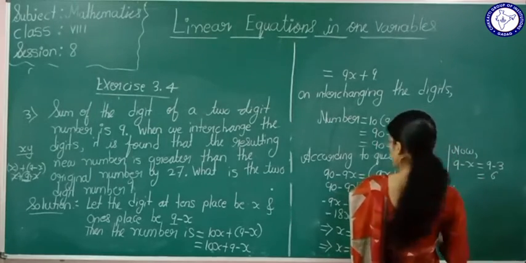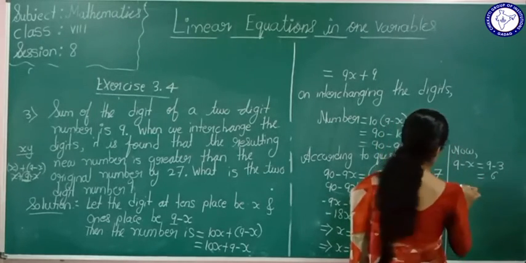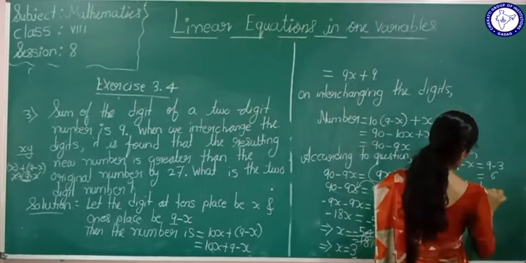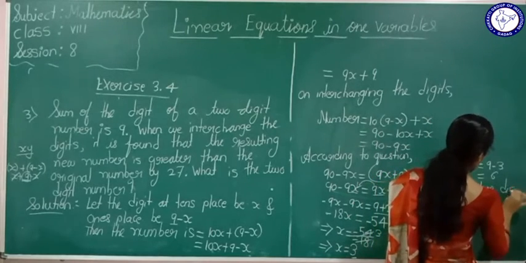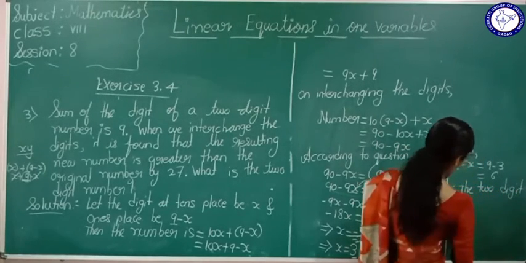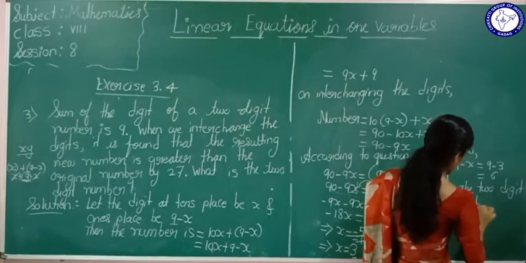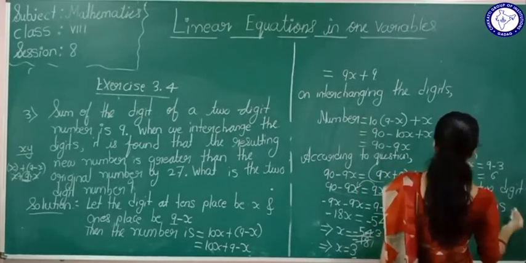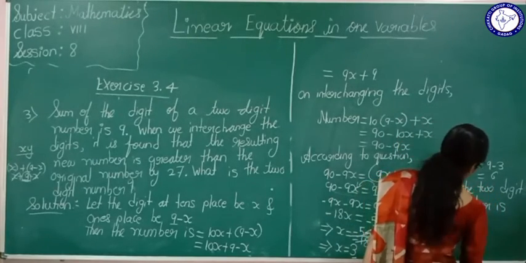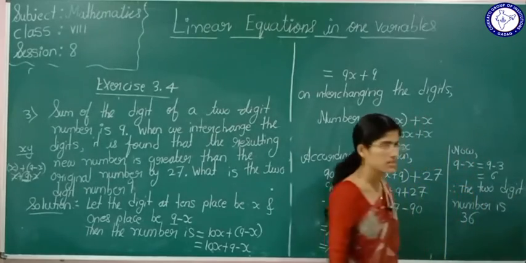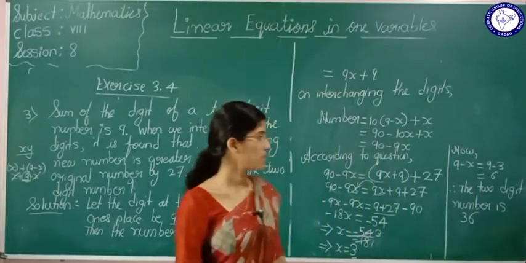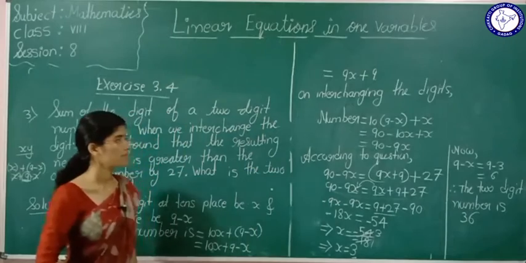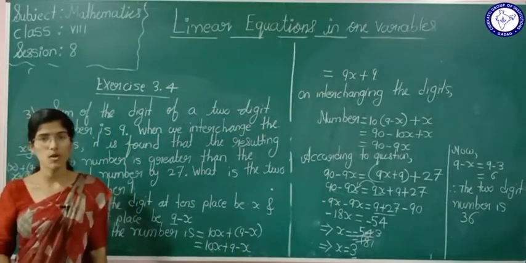So therefore the two-digit number is 36. Next we are going to see the next problem.